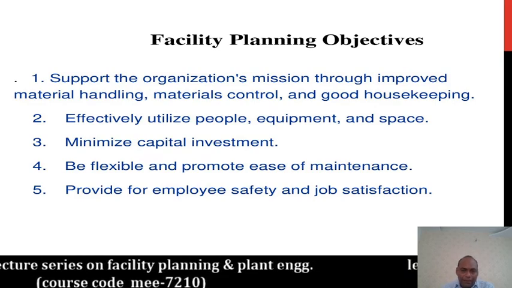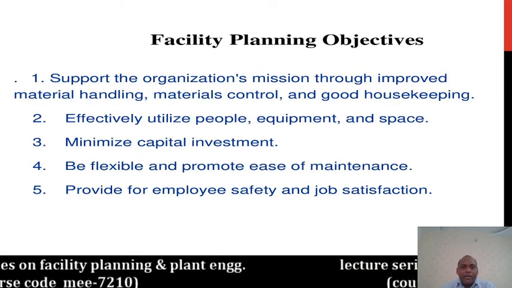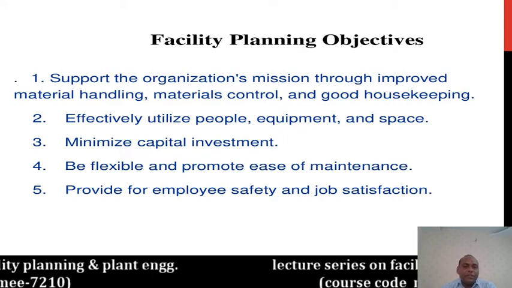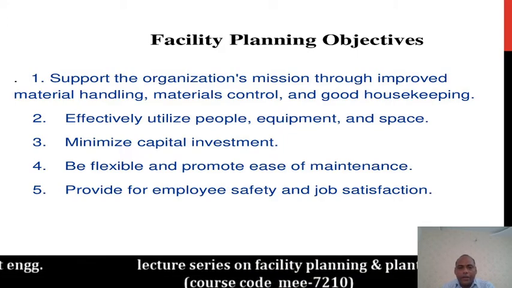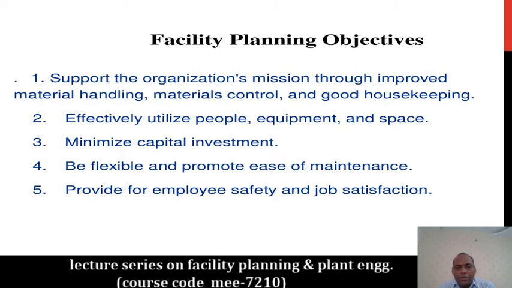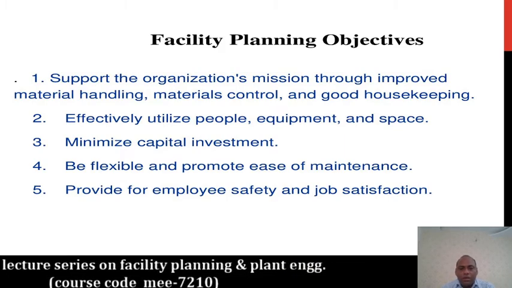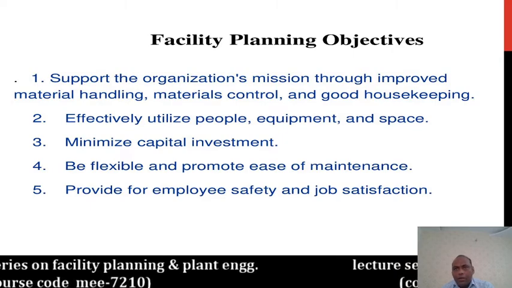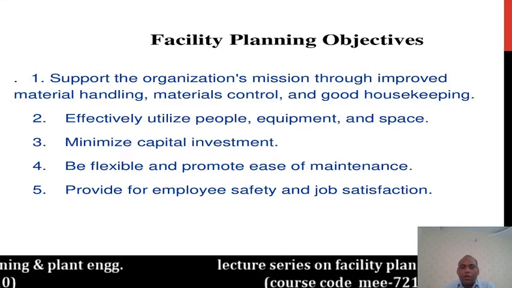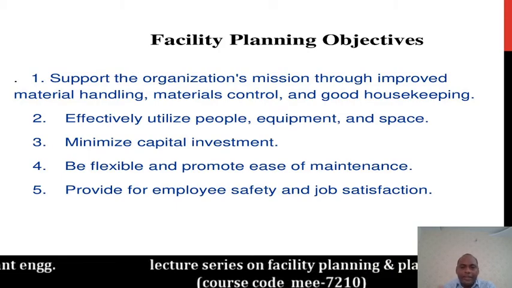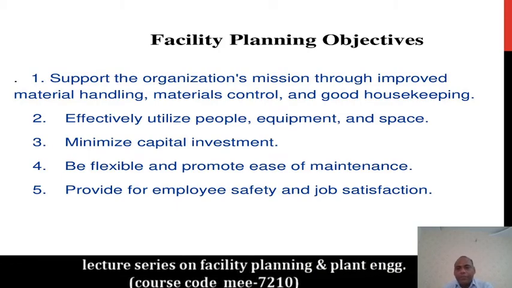And then the next is to provide for employee safety and job satisfaction. This is the most important criterion. Suppose you are working on a press, a hydraulic press, or a lathe machine, right?